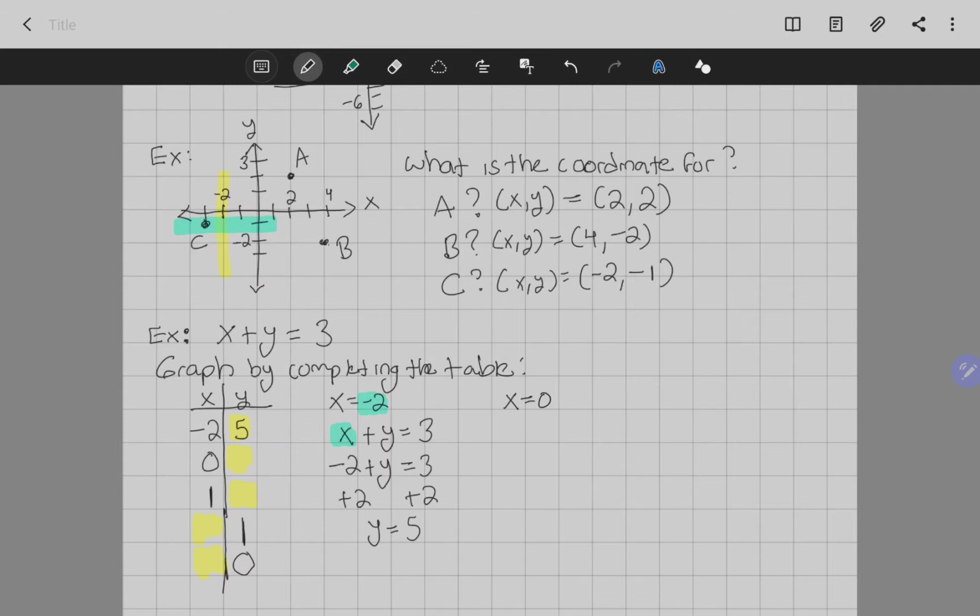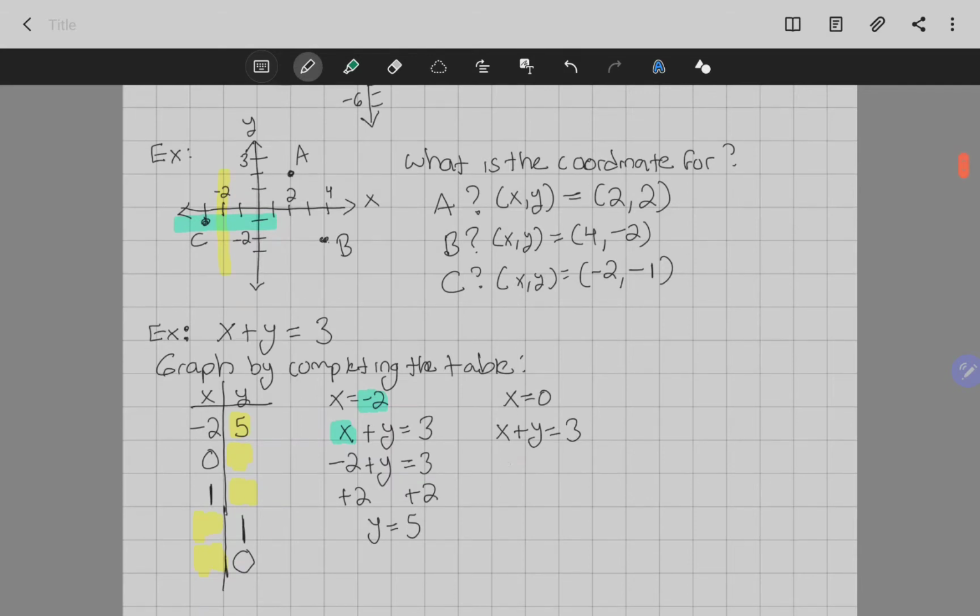Then when x is equal to 0, I do the same thing. I place a 0 on the x, so I got 0 plus y equals 3. Zero is just nothing, so we got y equals 3.